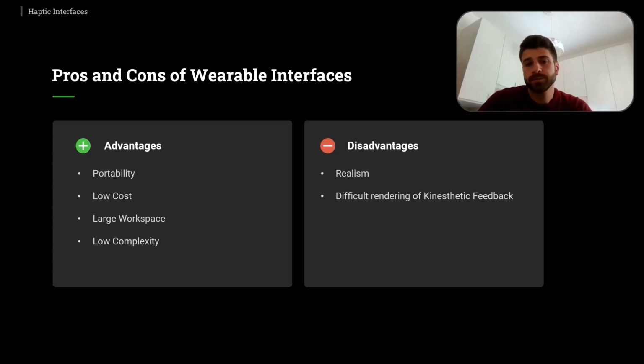On the other hand, you have a massive disadvantage in realism, because a desktop interface is much more able to provide an accurate feedback, and wearables are difficult in rendering the kinesthetic feedback, because with the exoskeletons you may provide a certain kind of kinesthetic feedback, but it cannot be as realistic as the one provided by a desktop interface.